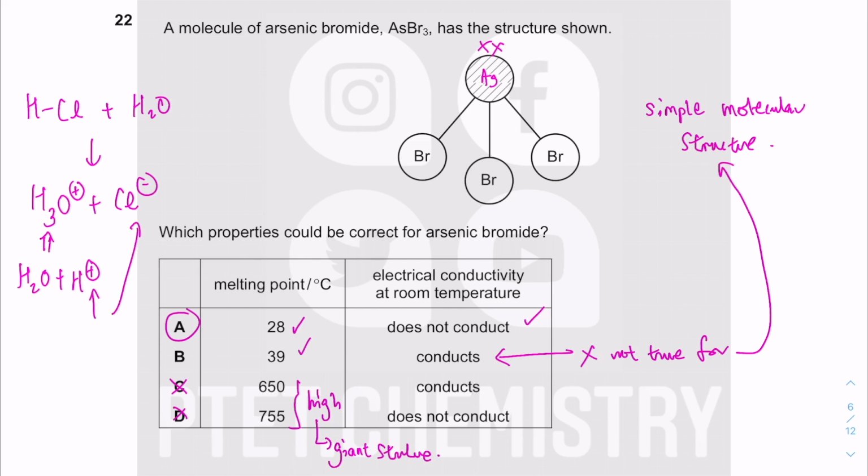Now you have free ions in solution that can conduct electricity. This one is simple molecular as part of your case study under covalent bonding. Simple molecular structure, when you did dot and cross, is in the syllabus. You're supposed to know this. Candidates should be able to do this because they should be able to appreciate whatever is the minimum expected in the syllabus.